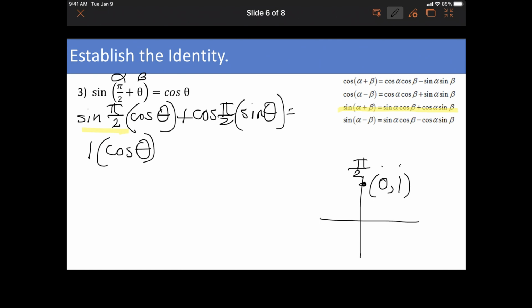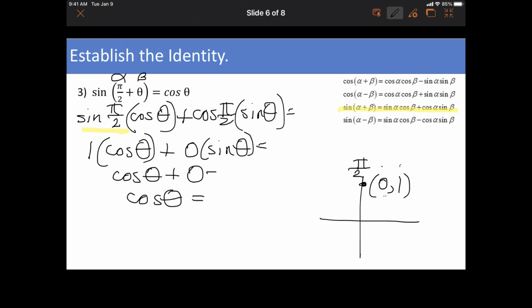I don't know the value of theta, so we're just leaving it as theta. Plus the cosine of pi over 2, that's our x value, which is 0, times sine theta. So 1 times cosine theta is cosine theta. 0 times sine theta is 0. Add that, and you get cosine theta, which is the same as the right side. Voila, true.